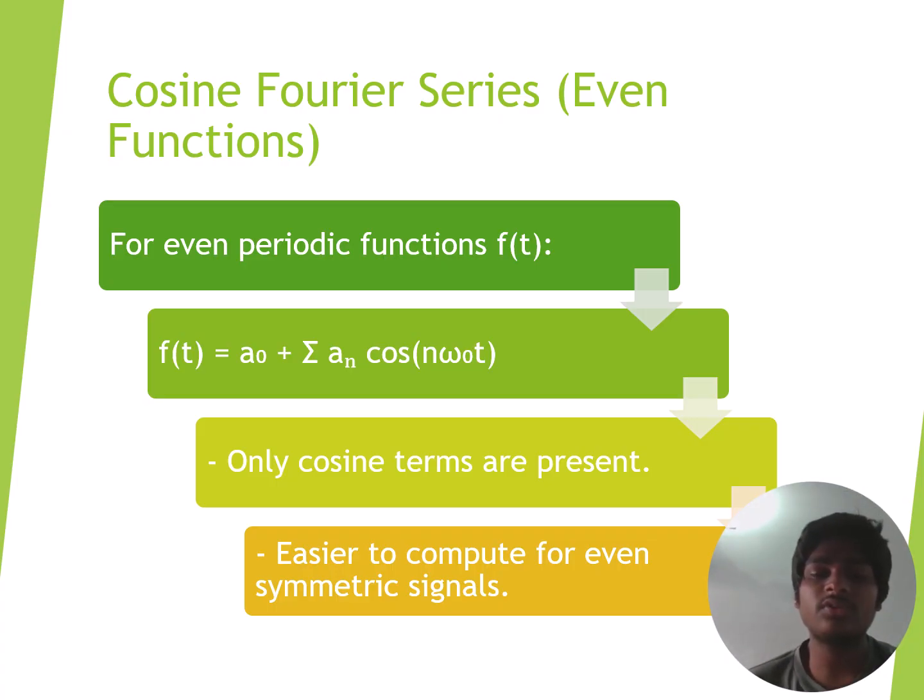It is easier to compute for even symmetric signals. This is the general form of the cosine Fourier series.